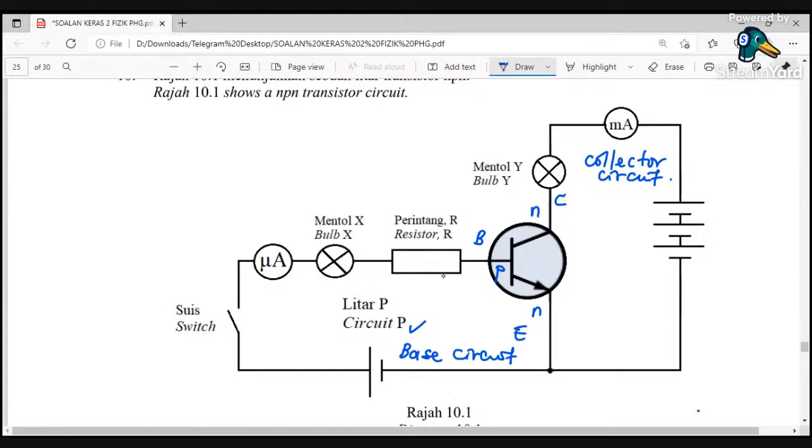Okay, so Y is brighter than X. Something to do with the current flowing. Yeah? So you can see the current here is microampere. This is milliampere. So this one was already explained why the brightness are different for X and Y. Kenapa tak sama?